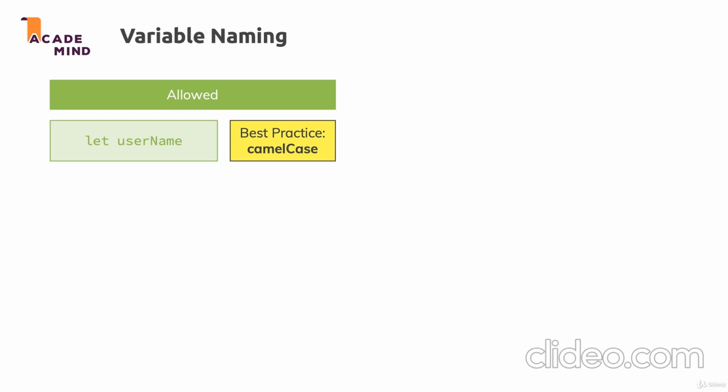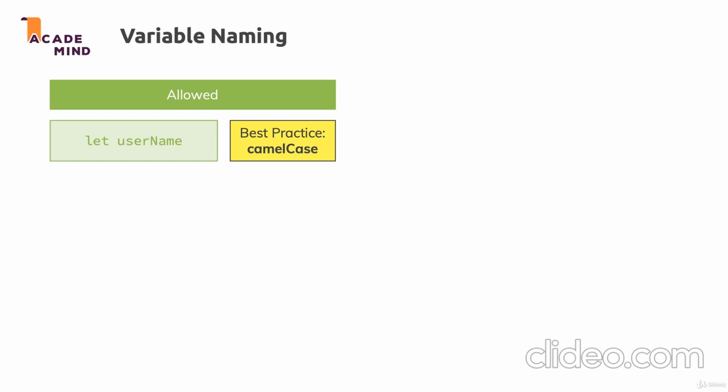So there are no blanks in there, no white space. That would actually be forbidden. But every word inside of the word, like name here in username, starts with the uppercase character to make that more readable. So that would be a variable name which is allowed.